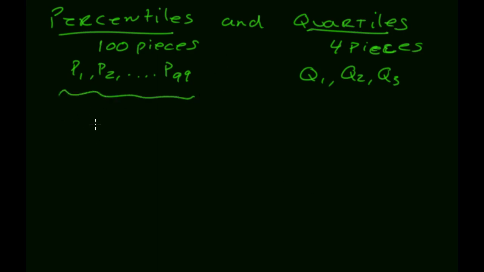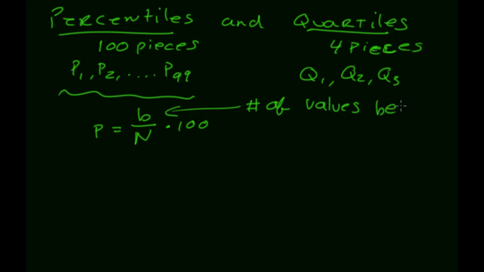We have a formula that goes with the percentiles. P is equal to B over big N times 100. B is the number of values below a given value, so the number of values in the data set that are below a certain value.